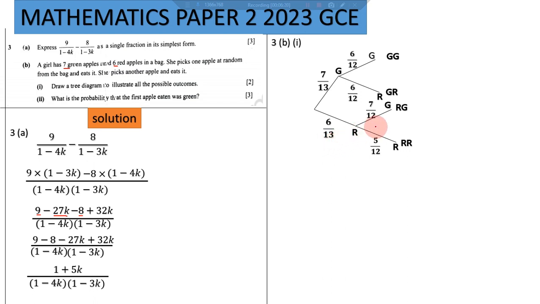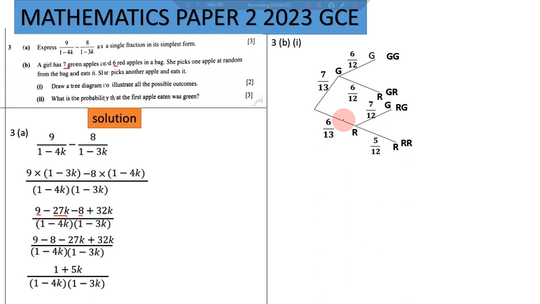But in the second draw, if you can see where there is red here, red has reduced. Why? Because on this branch, we are looking at the red apple now. So the red apple was eaten. What will happen? The total numbers has to reduce by 1, meaning even the total possible outcomes, it has to reduce by 1 as well. So we are having 5 over 12.